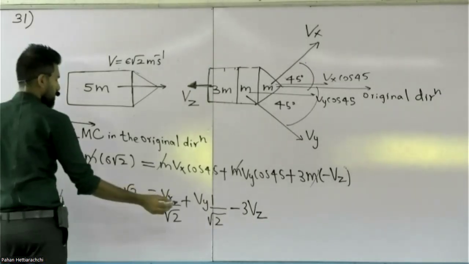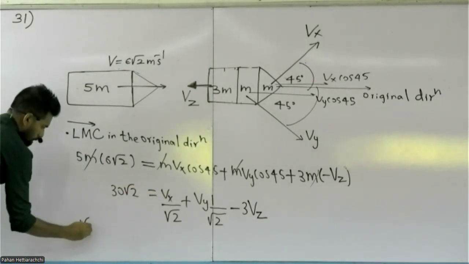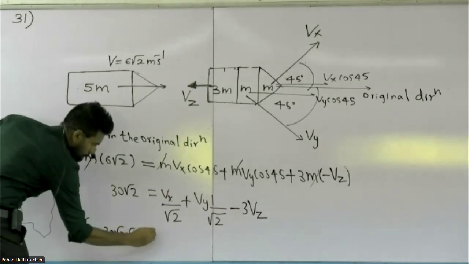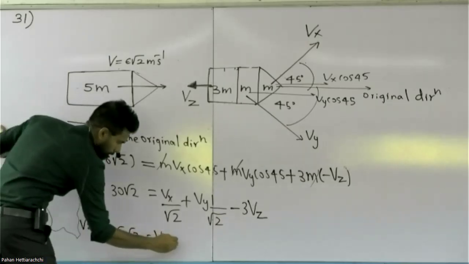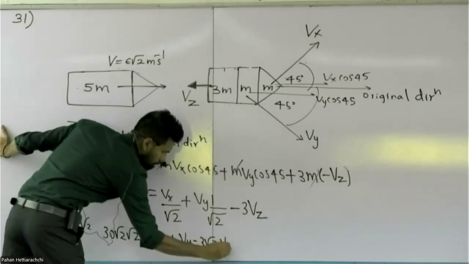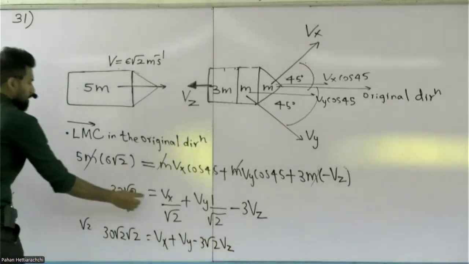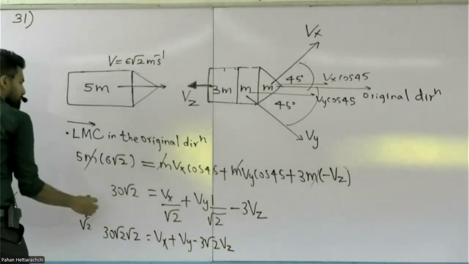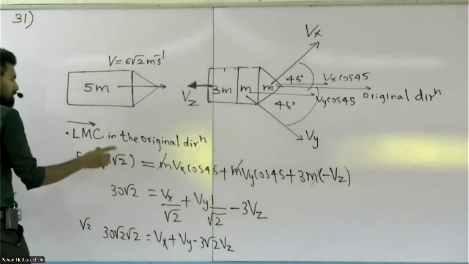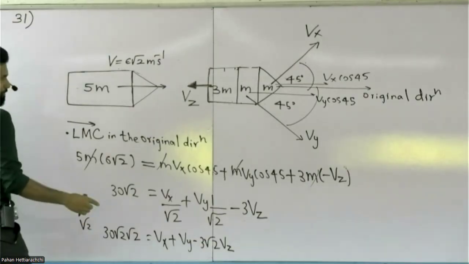Okay. Multiplying all the parts by root 2: 30√2 multiplied by root 2 equals Vx plus Vy minus 3√2 Vz.